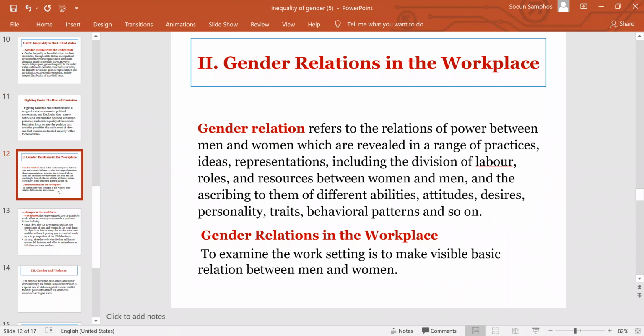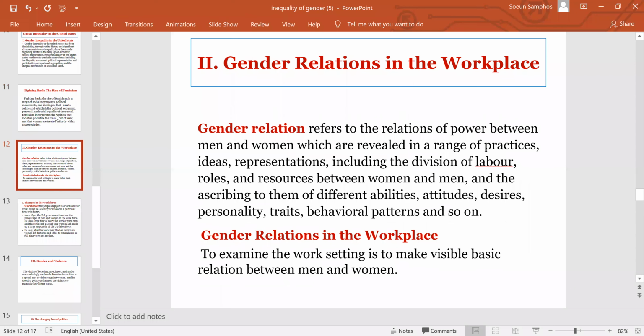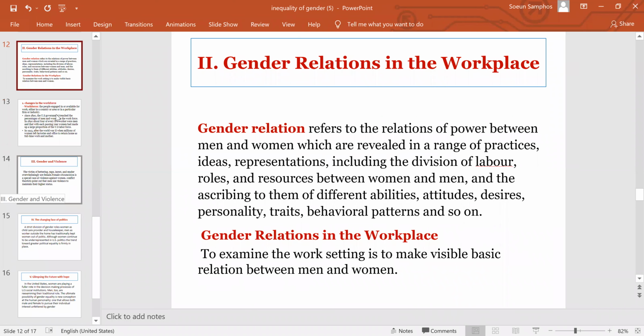Gender relations in the workplace. Gender relations refer to the relations of power between men and women, which are revealed in a range of practices, ideas, and representations, including the division of labor, career and resources between women and men, and the different abilities, attitudes, personality, and behavior between them, and so on.